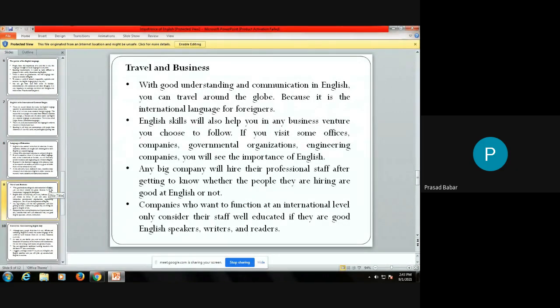When there will be a company visit or industrial visit from the college side, they will make you visit some offices, companies, governmental organizations, engineering companies, or multinational companies, MNCs.